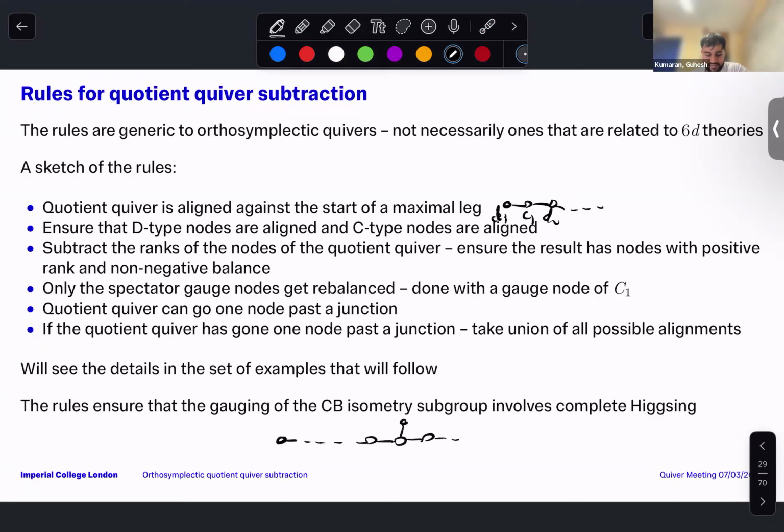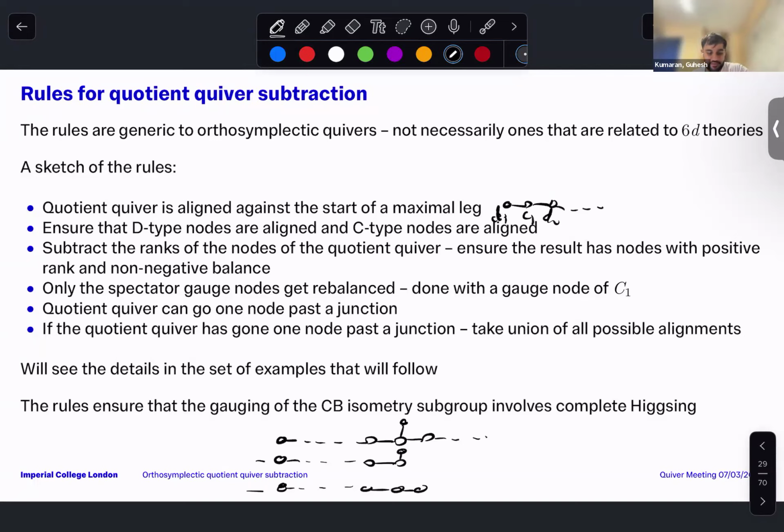So if I'm subtracting from this thing, and my quotient quiver is here, I can go up, or I can go across, for example. And both of these things are valid. Whatever I find, if I take the union, that will be the result from the gauging, from the hyper-Kähler quotient.